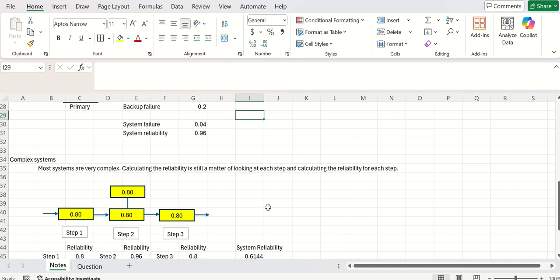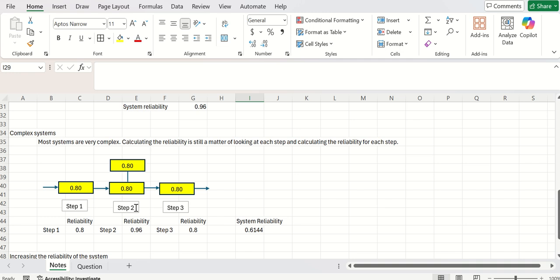When you're calculating the reliability of each of these, you need to think about each one as a step, okay? This is a step, this is a step, and finally, this is a step. Once we look at them as steps, we can, again, calculate the probability of it staying together because we can take the probability of step 1 times step 2 times step 3.